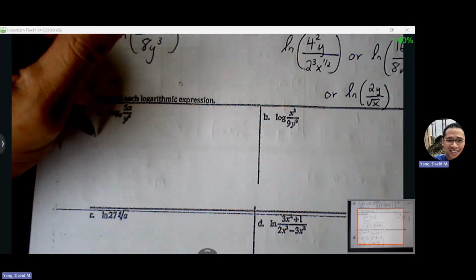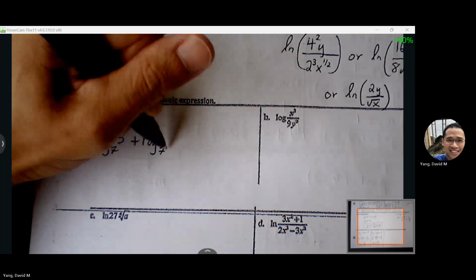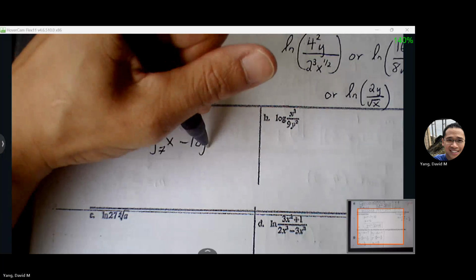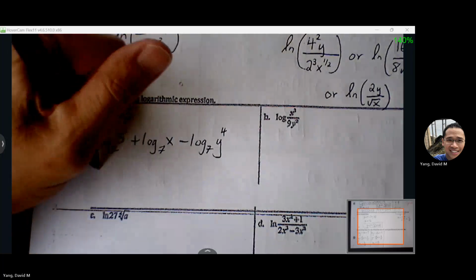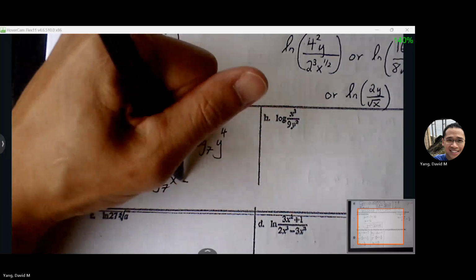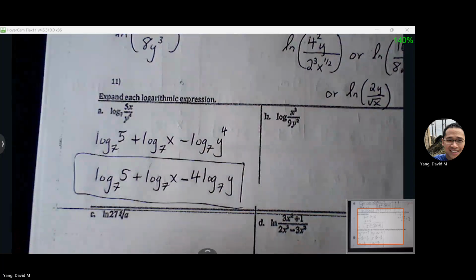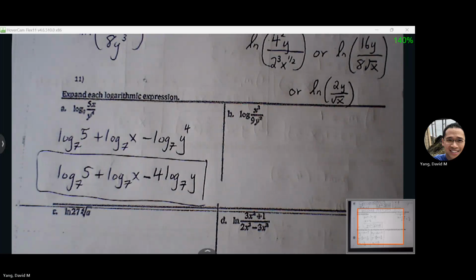That's kind of hard to see there. Log base 7. Okay, try B, C, and D.